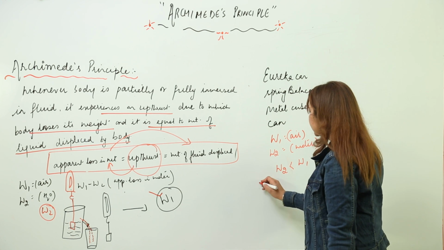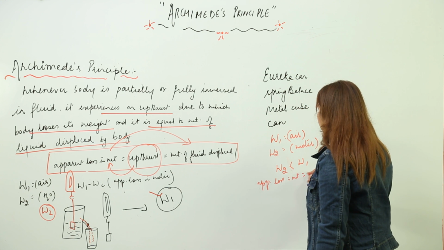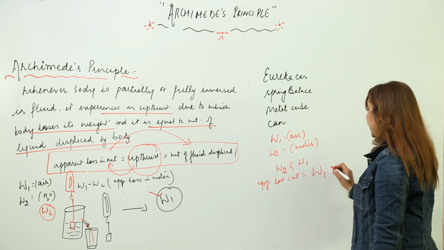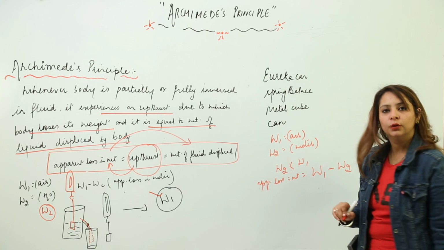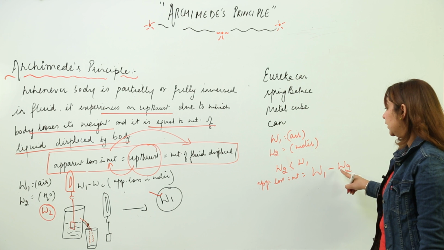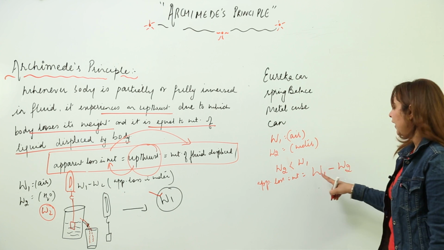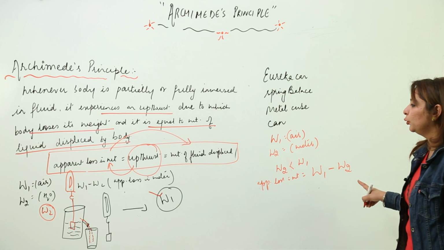So the apparent loss in weight is equal to weight in air minus weight in water, because weight in air is more and the weight of the metal block in water is less. So we have W1 minus W2.